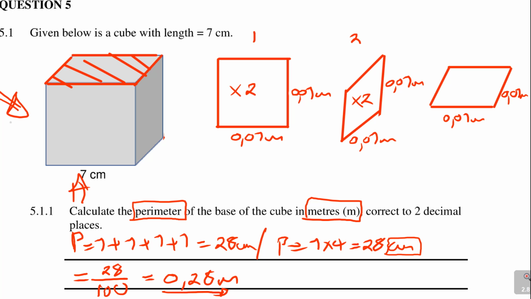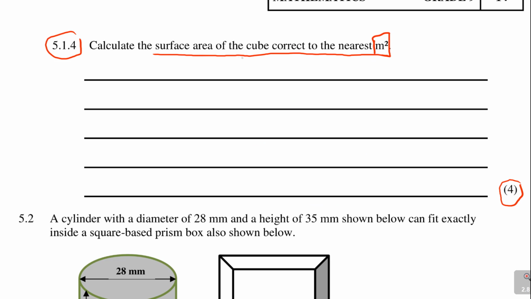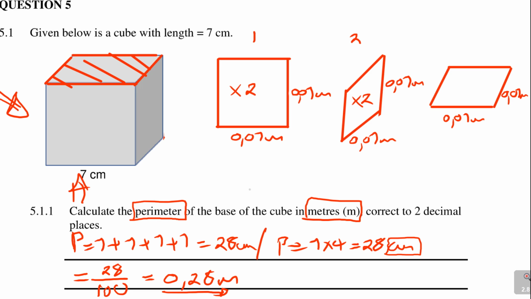That's why they made it 4 marks. So now, when the question comes back here and they say to you, calculate the surface area of the cube correct to the nearest meter squared. So it's a matter of you doing here to say, on these shapes, this is number 3. Here, it's 0.07 times, remember it's length times breadth, times 0.07.